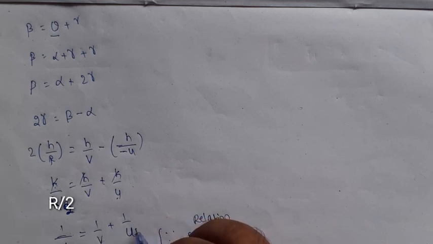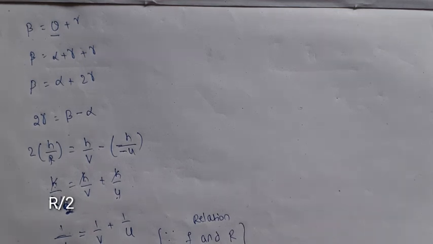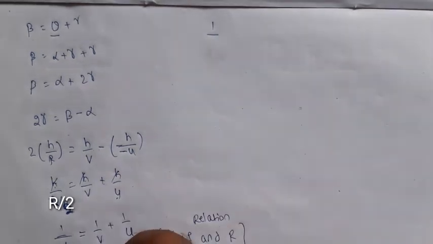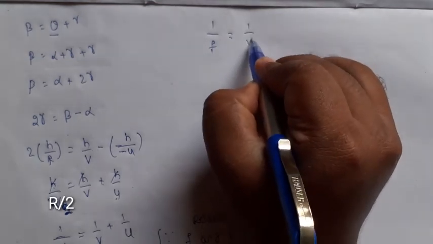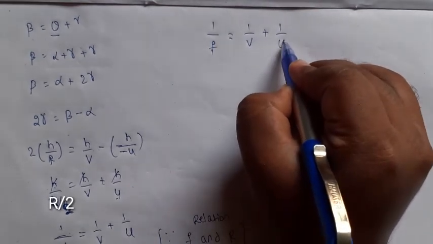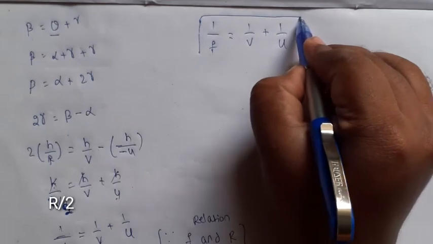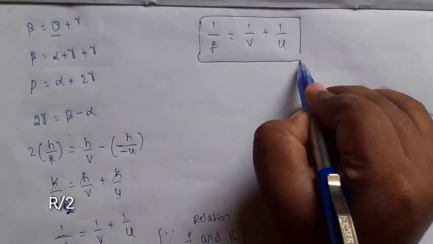The relation between f and r is f equals r by 2. So substitute that: 2 by r means 1 by f. So 1 by f equals 1 by v plus 1 by u. That is the formula in the case of a convex mirror.